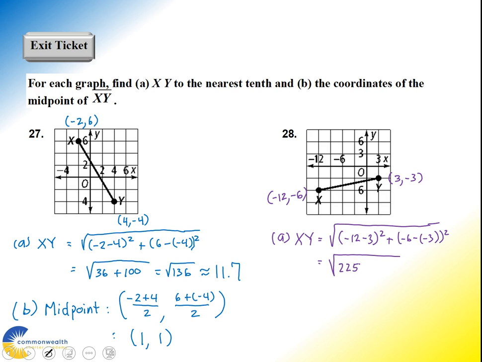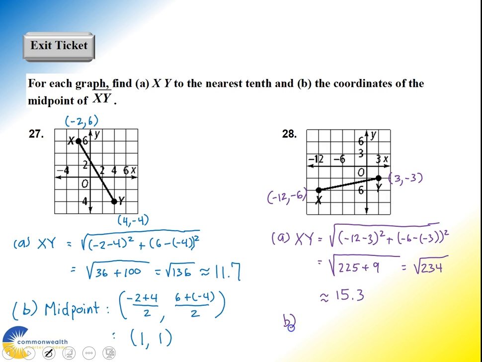And -6 minus a -3 is -3. When I square that, I get 9. So this is the square root of 234, and the square root of 234 is approximately 15.3.